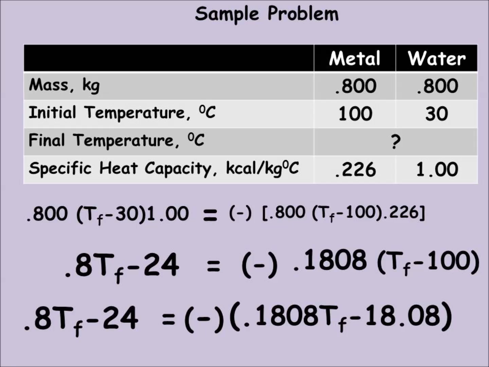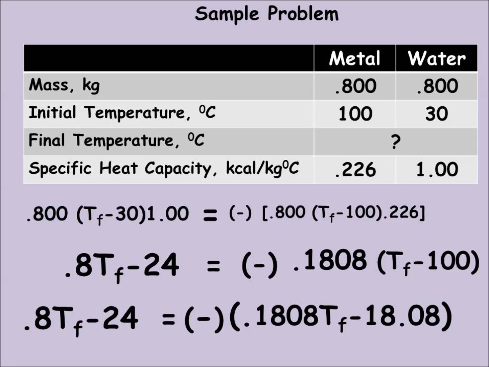Next, this is actually going to be a relatively difficult problem when you're trying to find the final temperature. So plugging in, that's easy enough. Remember, it's T final minus T initial. So make sure that you plug in correctly. You'll see the first line there, I'm just plugging in.